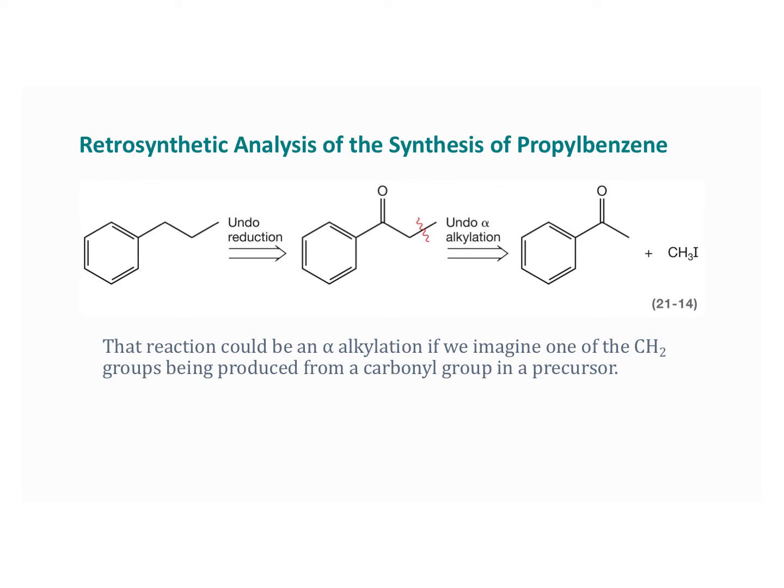So when we do this, we can get the target here from a ketone, right? If we alkylate the ketone's alpha carbon, okay? And so you can see where we undo an alpha alkylation here.